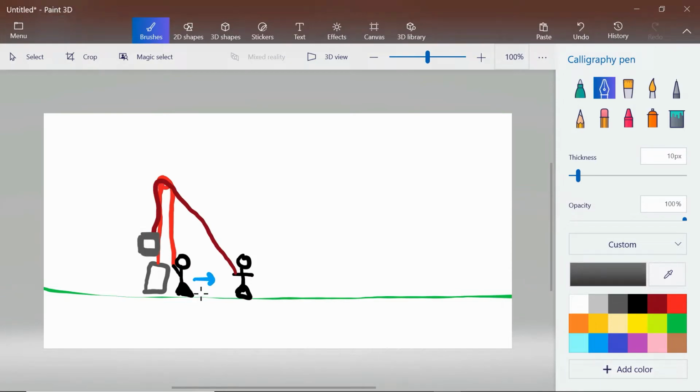So that's what's happening. It's the relationship between the distance walked and how this weight is being lifted. That's the thing to think about.